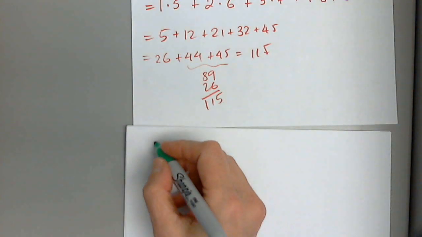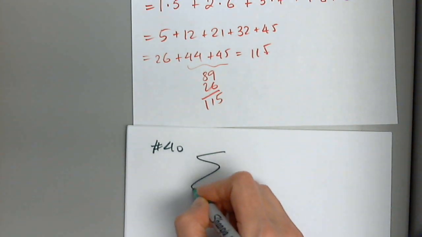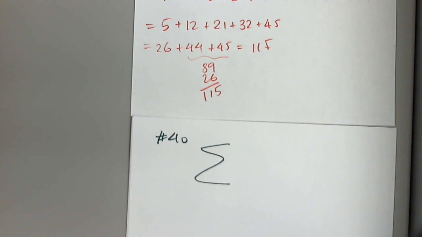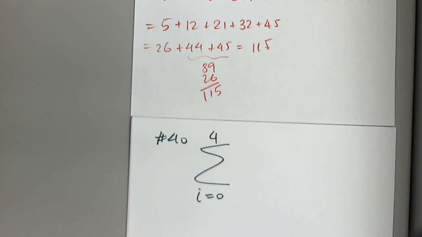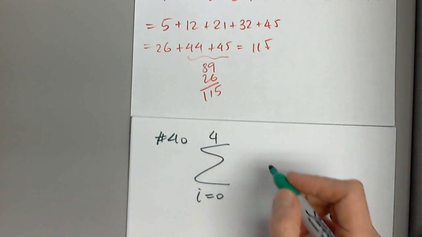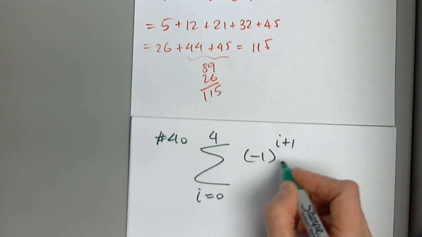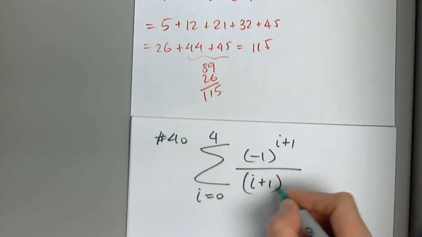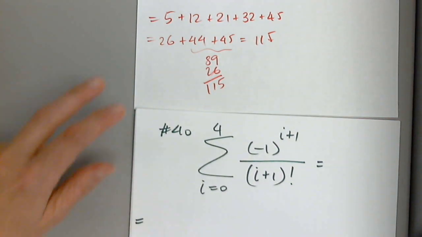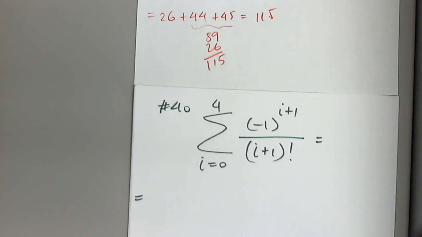Yes, number 40. From i equals 0 through 4, of (-1) raised to i plus 1 over (i plus 1) factorial. First of all, how many terms?